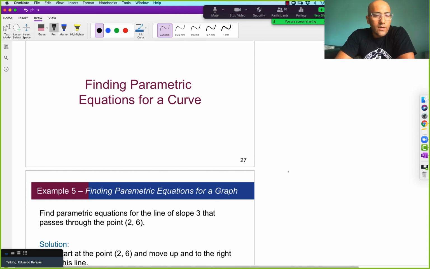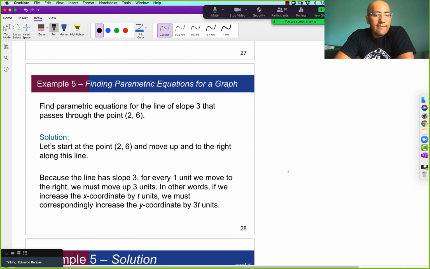Okay, so sometimes you'll be asked to find the parametric equations. So find the parametric equations for the line of slope 3 that passes through the point 2 comma 6. Okay, so it's got a line, it's got a slope. So roughly speaking, we can do a rough little sketch.